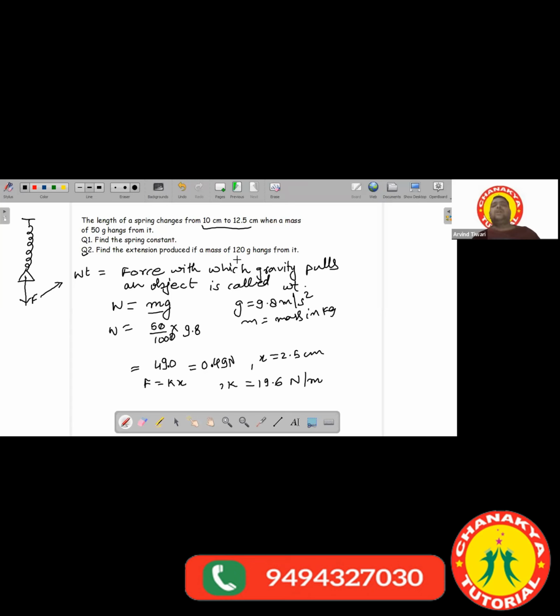And now we can use this to find out the extension produced again. Here we have the mass as 120 gram, so we can find out the amount of force that is acting in the same way.